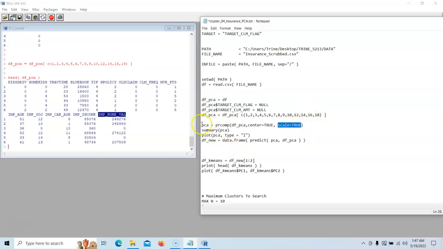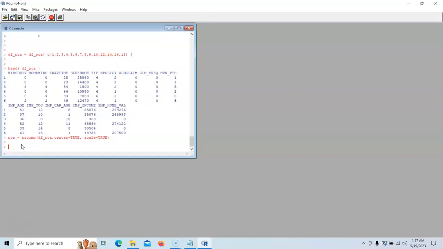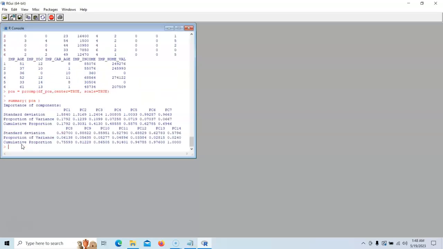So let's do that real fast. And now if I do summary of the principal component analysis, there we go. We've got our principal component analysis model right there.